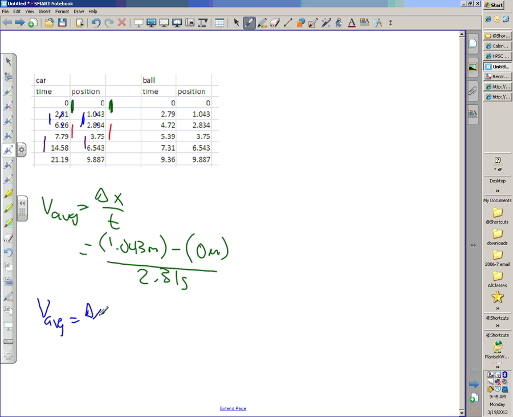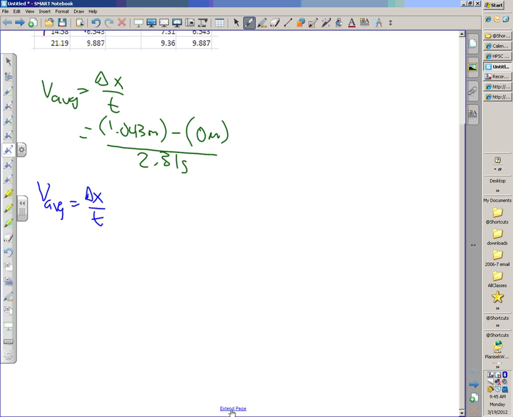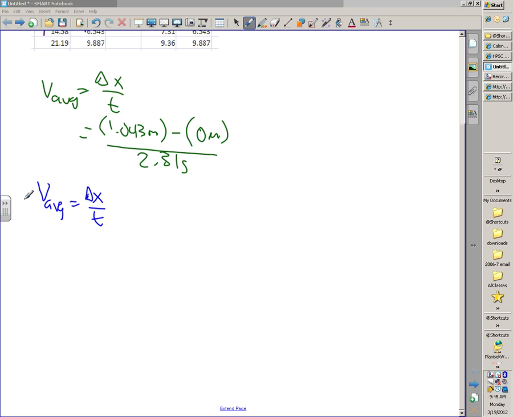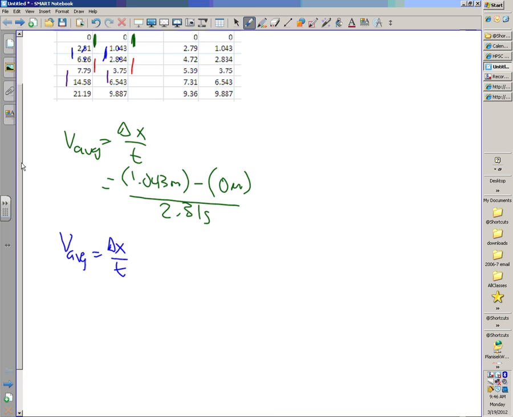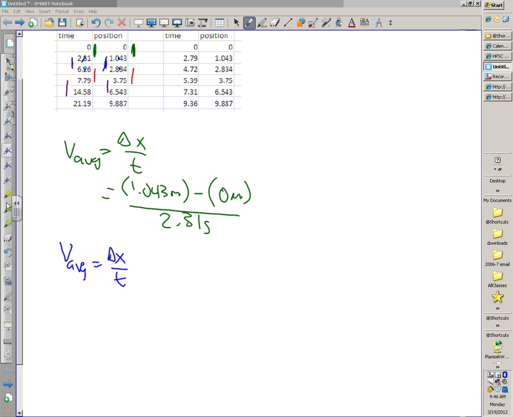Then for the blue interval, this is still how we define average velocity. So here we go, for the blue interval, this is the final position.